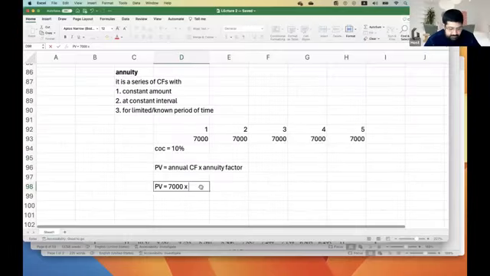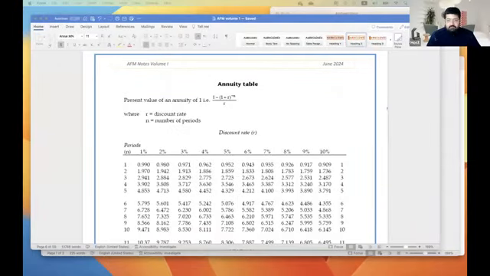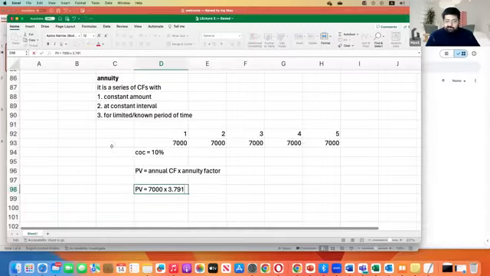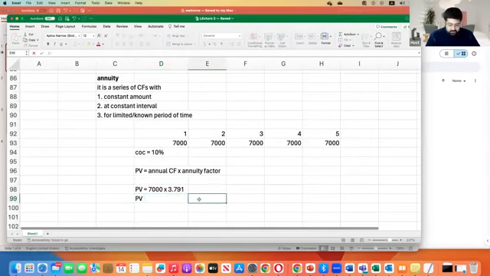So we can calculate this whole annuity value very easily.